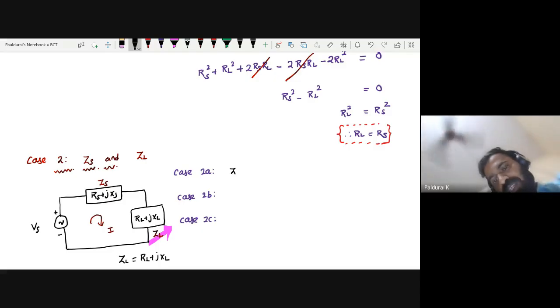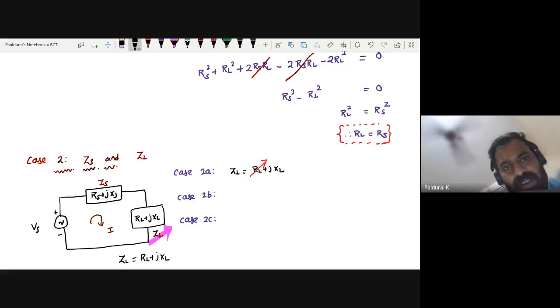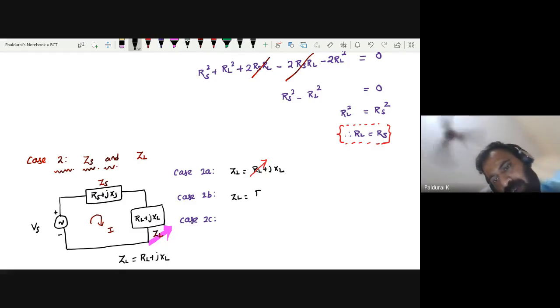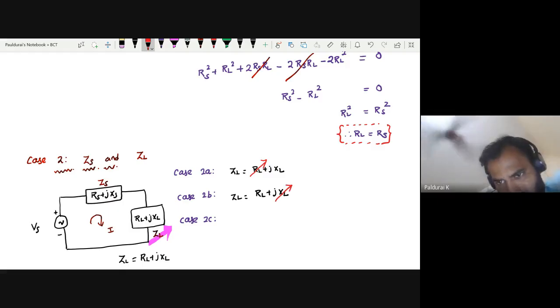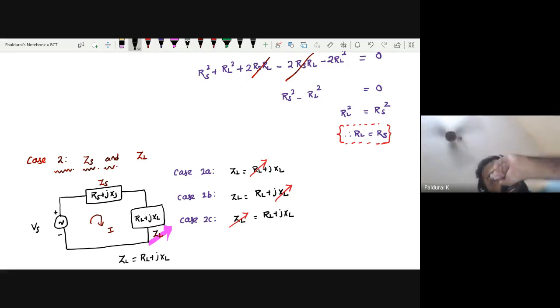Sometimes my RL alone may be variable, or some other time my XL alone is variable. Sometimes both may be variable, that is my ZL actually. So both RL and XL are variable. So this is case 2A, 2B, 2C.